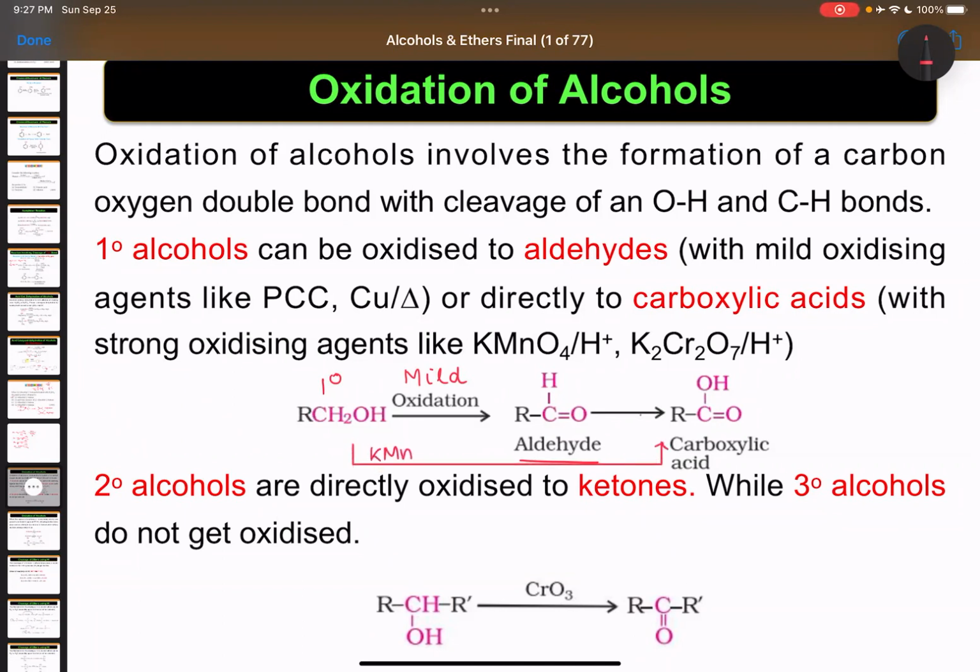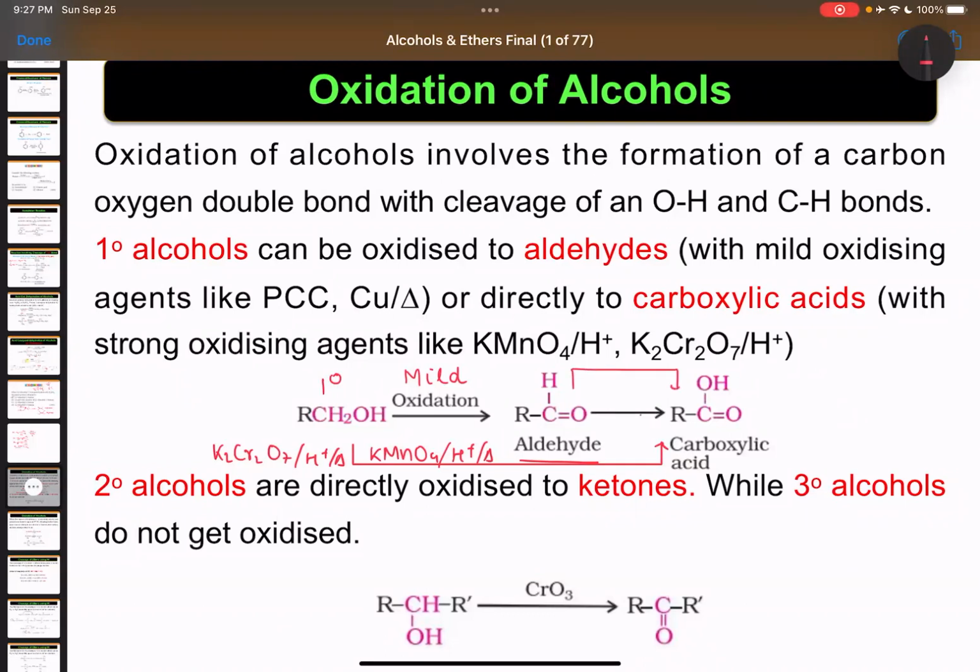like KMnO4, H plus, heat, or K2Cr2O7, H plus, heat, you're going to get a carboxylic acid. Actually, what happens is they also proceed via aldehyde. The aldehyde gets oxidized to carboxylic acid.